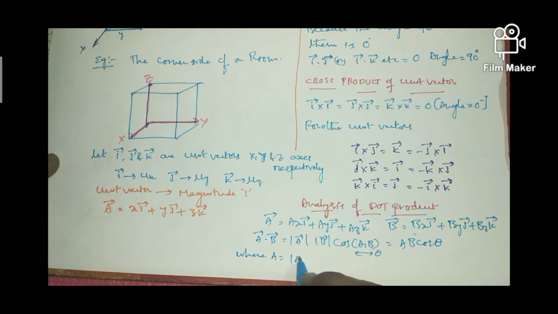The value of a is equal to square root of ax square plus ay square plus az square, and the magnitude of b is given by square root of bx square plus by square plus bz square.